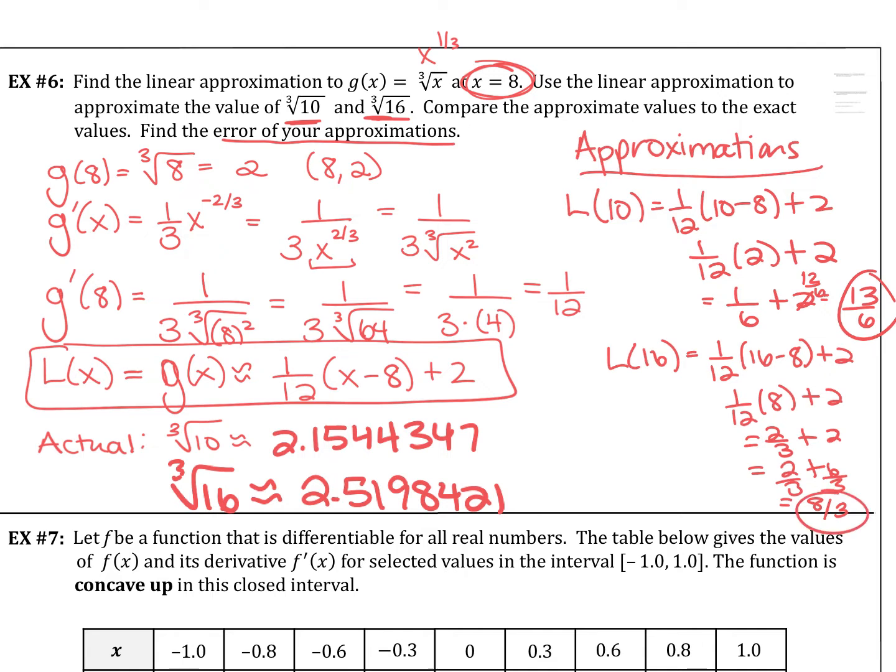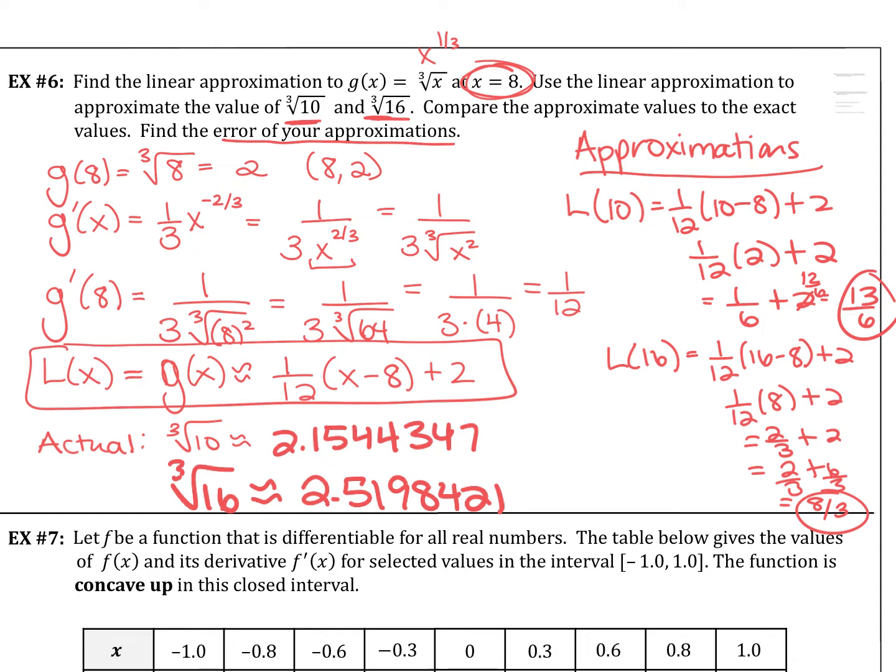Now, what we need to do, now that we have our actual values of the cube root of 10 and the cube root of 16, as well as the linearization approximations of L of 10 and L of 16, is figure out what our error is. So the amount of error is the difference between the actual value and the approximation.